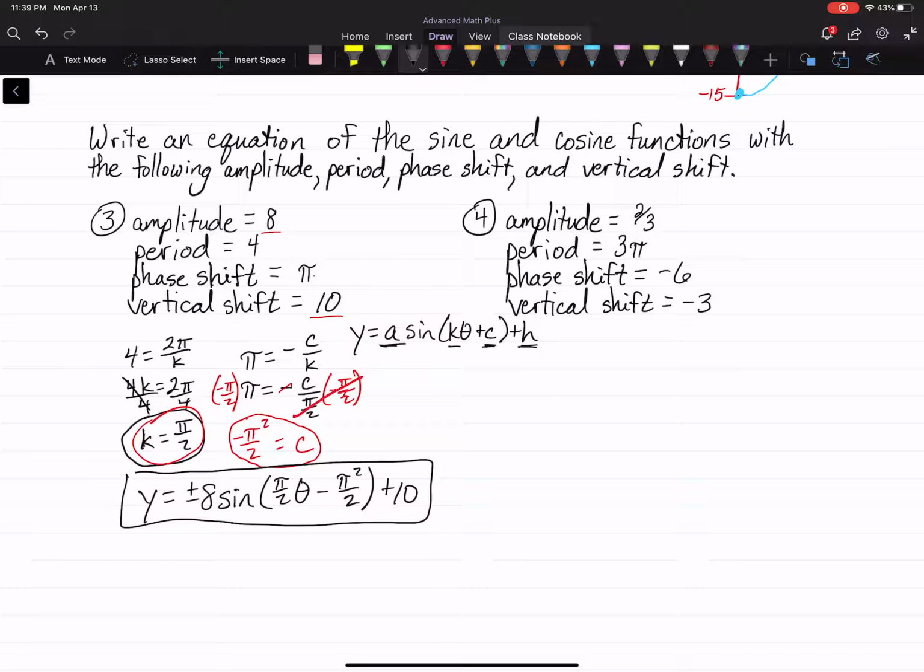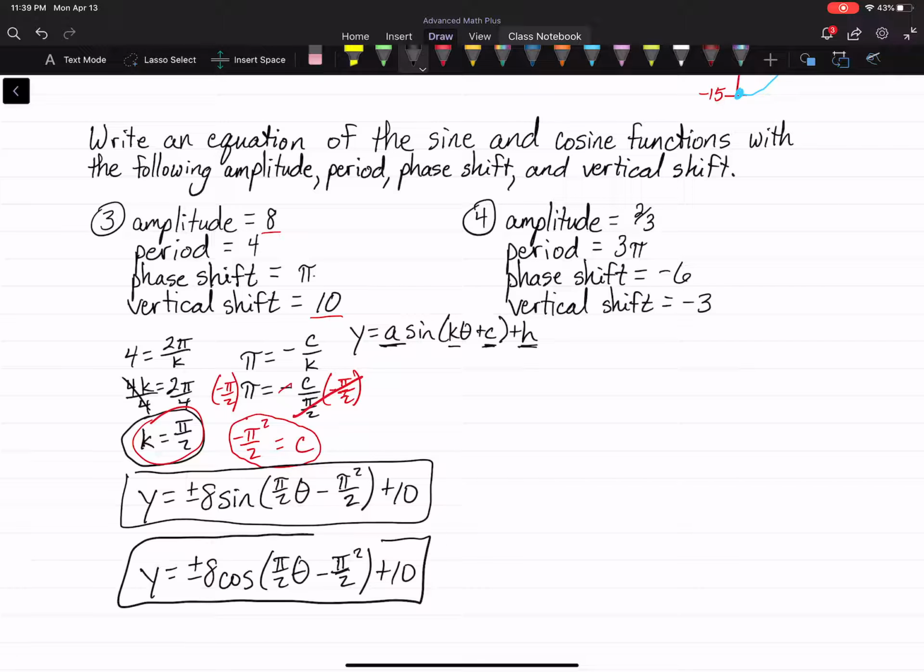And if you did cosine, it would be the same thing, just with cosine. Plus or minus 8 cosine pi over 2 theta minus pi squared over 2 plus 10. There you go. Very, very simple.